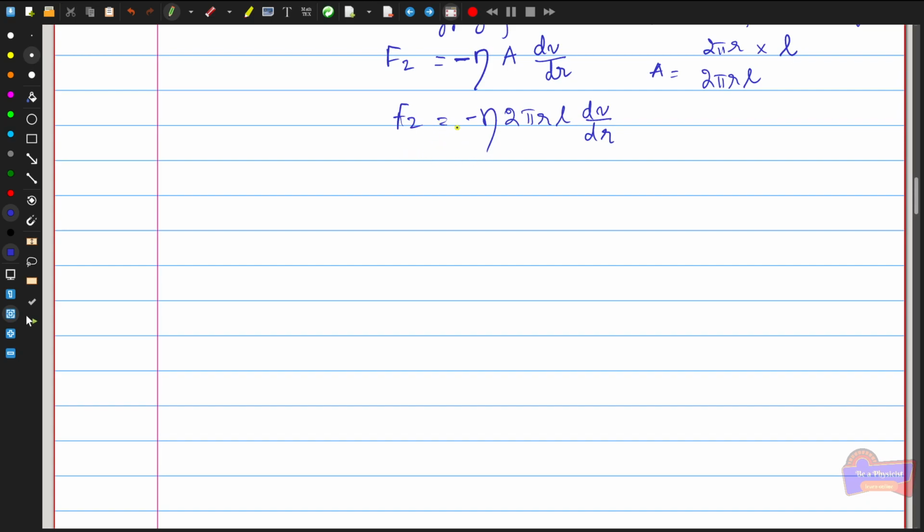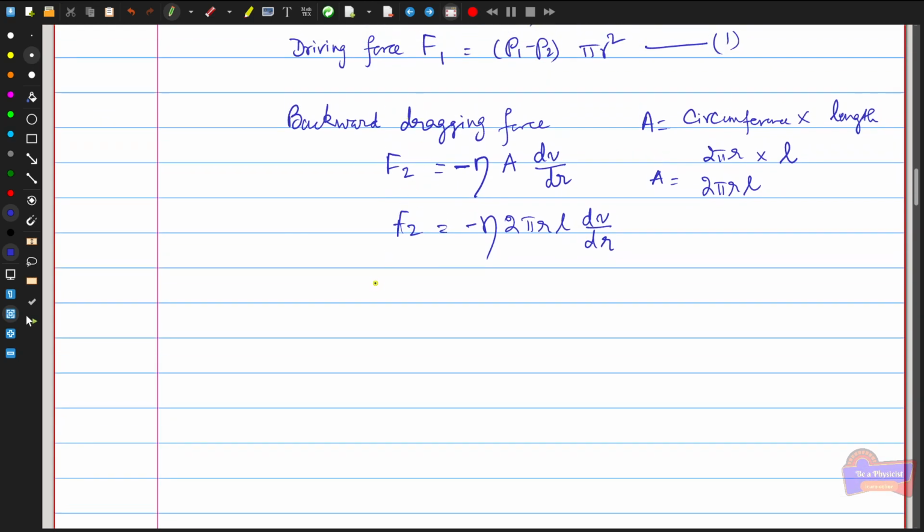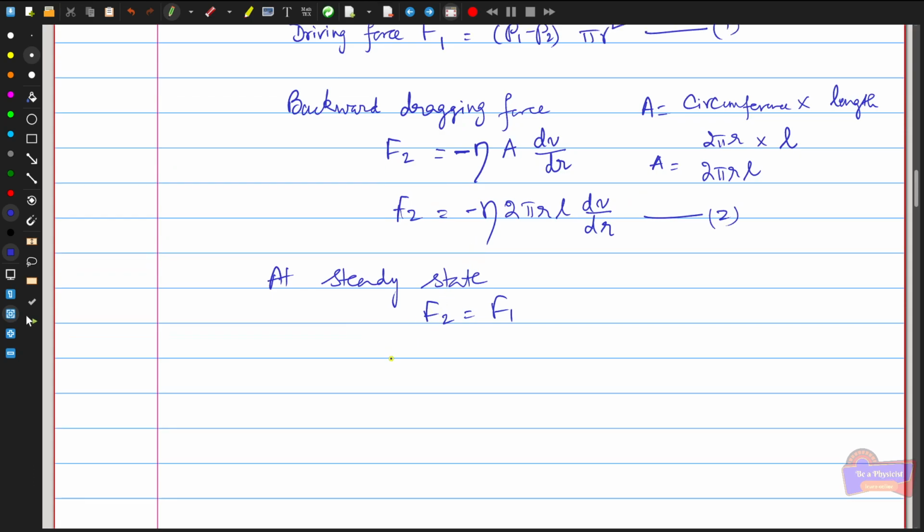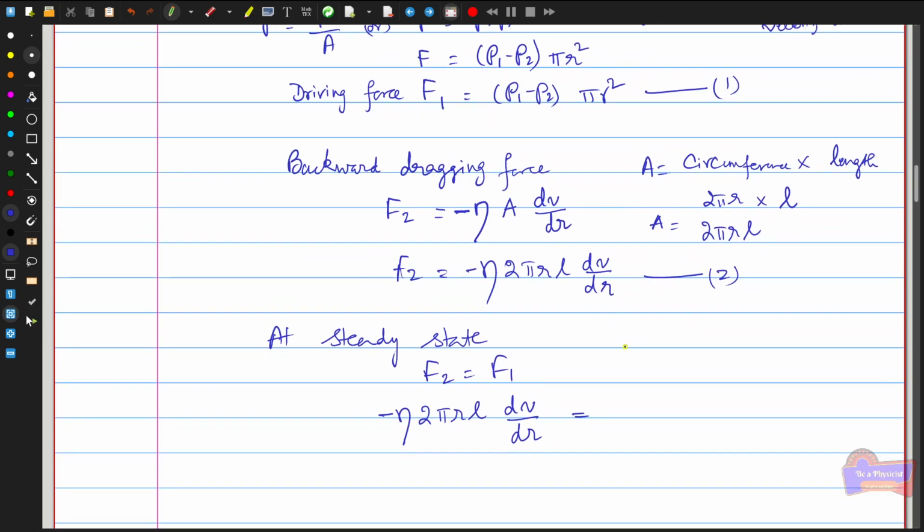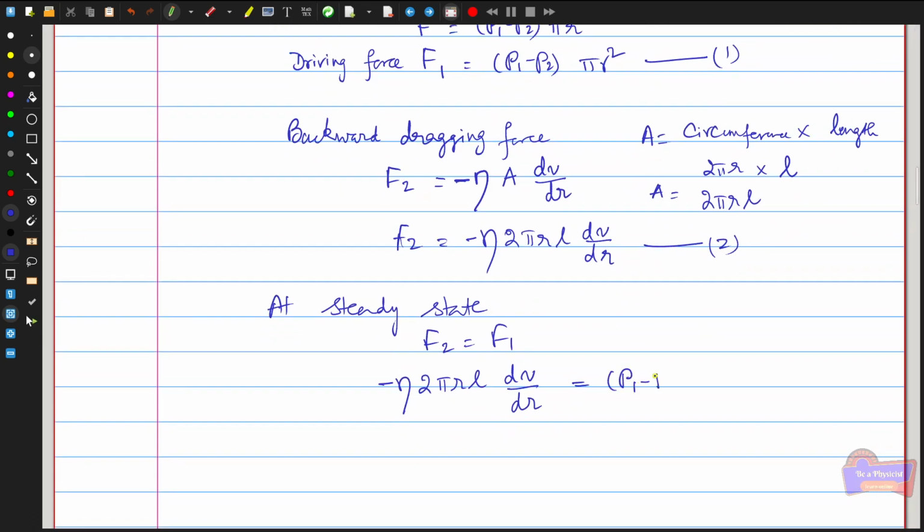So at steady state, this dragging force is equal to the driving force, so F2 is equal to F1, and I can substitute the values of equations 1 and 2 here. F2 is minus eta 2 pi r L dv by dr, which is equal to F1, which is P1 minus P2 times pi r squared.